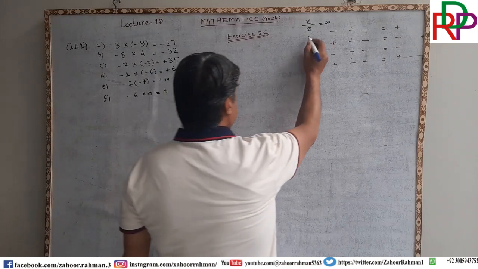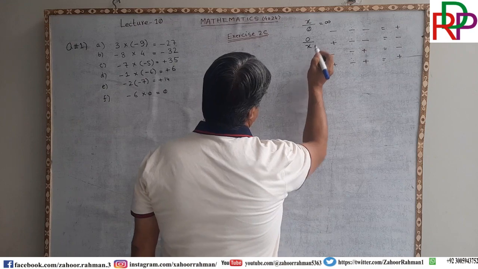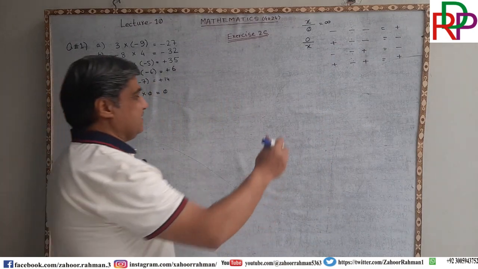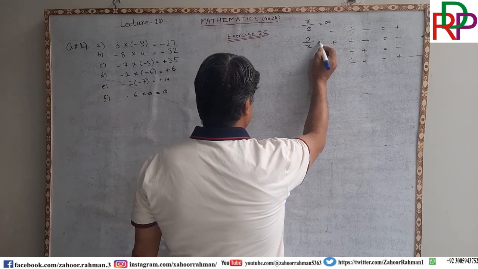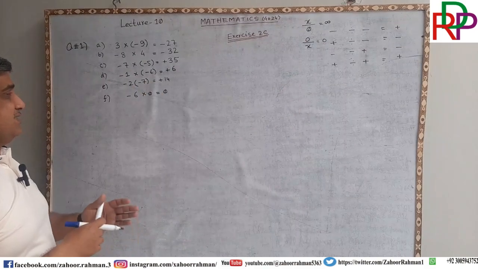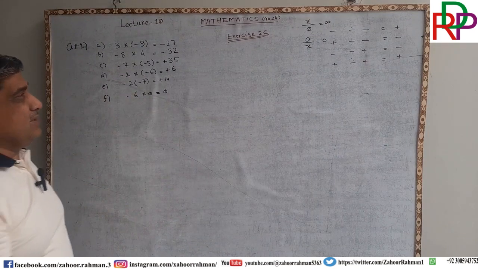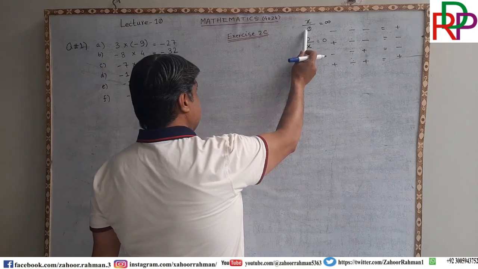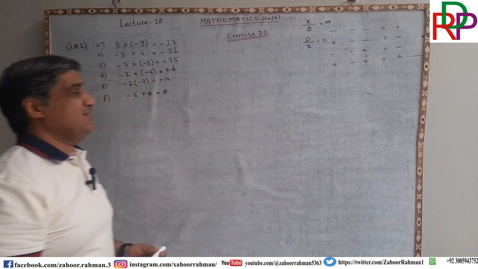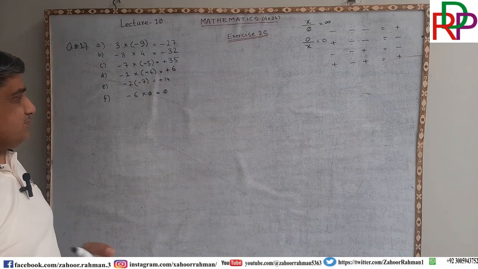But if 0 is divided by something, then it is 0. Remember these things: 0 multiplied by anything is equal to 0, anything divided by 0 is equal to infinity, and 0 divided by anything is equal to 0.